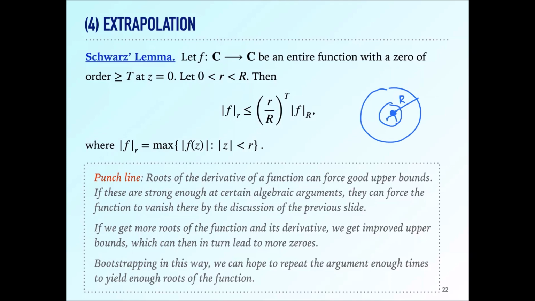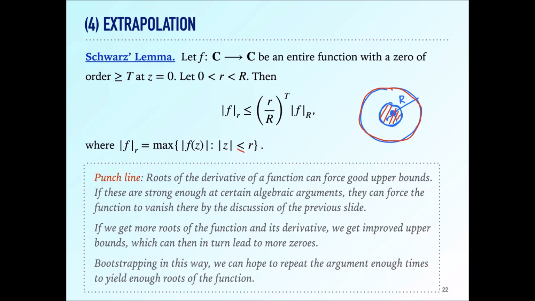And so there's a bound on the value of the function on this disk given by the ratio of the radii to the power of t, the number of roots, times whatever the maximum value is on this outer disk. Of course, I put that for anything inside the disk, so maybe I put a less than or equal to here. But of course, the maximum modulus principle tells you that the maximum is achieved on the boundary.